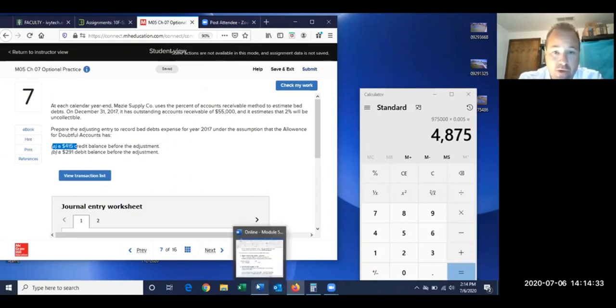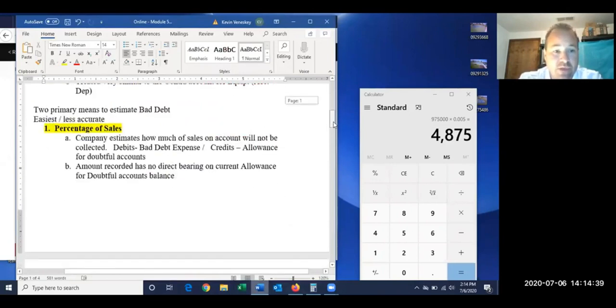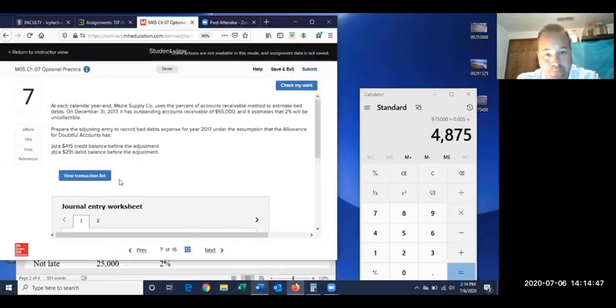You can see the percent of accounts receivable is the next one down. It's aging of accounts receivable, kind of the same. They use the same format.